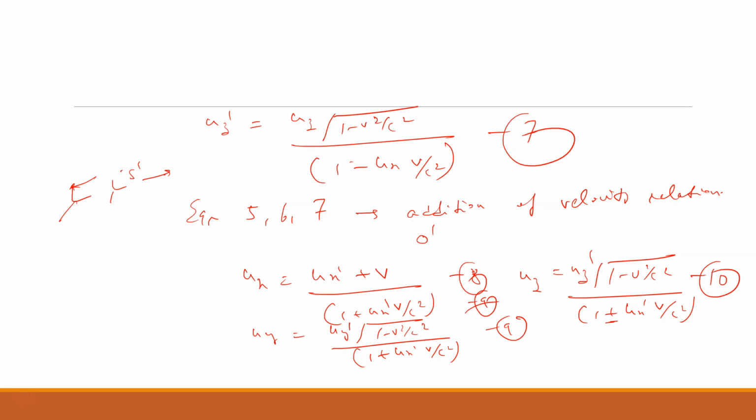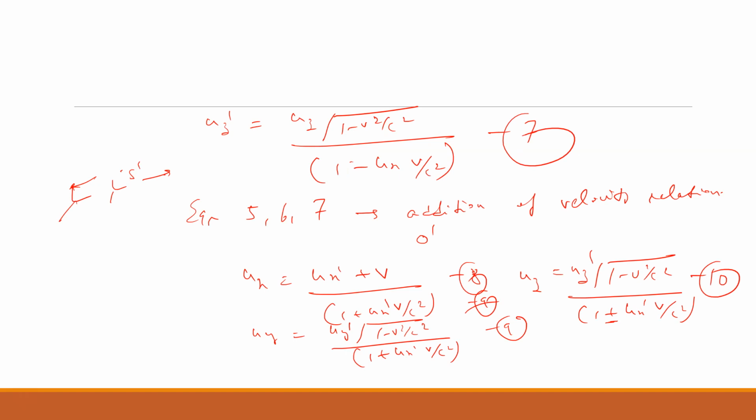So in general, equation 8 can be written as u equals u dash plus v divided by 1 plus u dash v by c square. Equation number 11. Just remove the direction symbol.